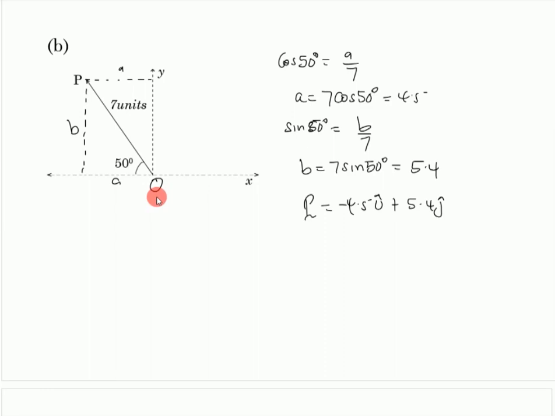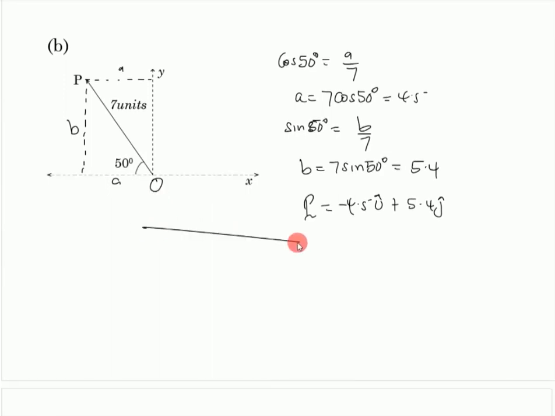You can see it is moving towards the left, and towards the left we have negative along the x, and towards up along the y, that one is positive. So the y component is positive, but the x component is negative because it is moving towards the left. Always take note of that.